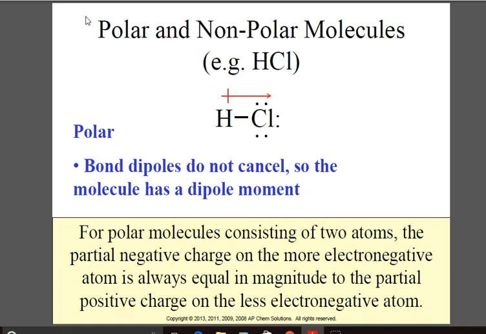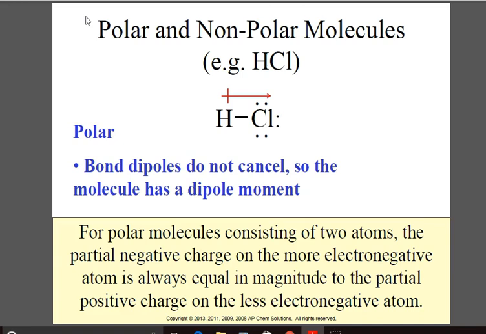So what that means is the pull from chlorine, as it's pulling the electrons to itself, there's nothing to cancel that on the other side. For example, if, and this would never happen, but if there was another chlorine on the other side of that hydrogen that was also pulling the electrons, those pulls might cancel. But here they do not cancel, so the molecule has a dipole moment. That's another way of saying the molecule is polar.